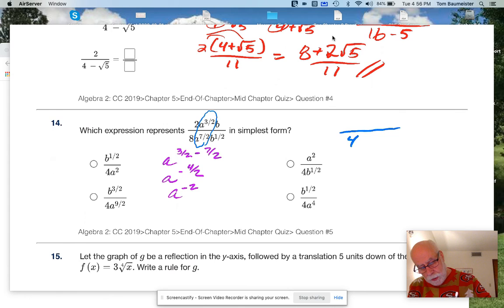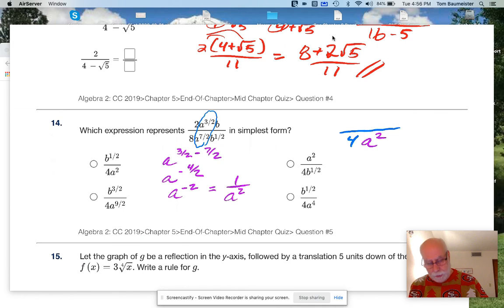But remember, then I can just write that as 1 over a squared. We don't really like having negative exponents. So that one would now go underneath also.